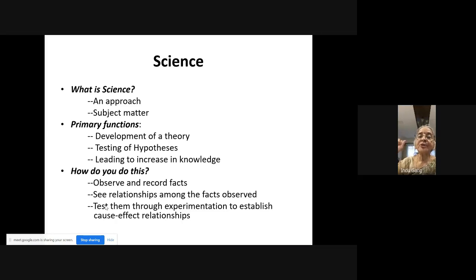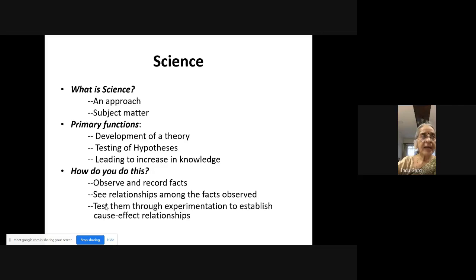And the primary function of this approach will be to understand and develop a theory. A theory is nothing but a postulate or a, how would I explain? We keep using the word, but when it comes to simplifying, it becomes a little difficult. But when we want to come out with an absolute answer, we say that this is the theory which is going to explain whatever we have researched on.